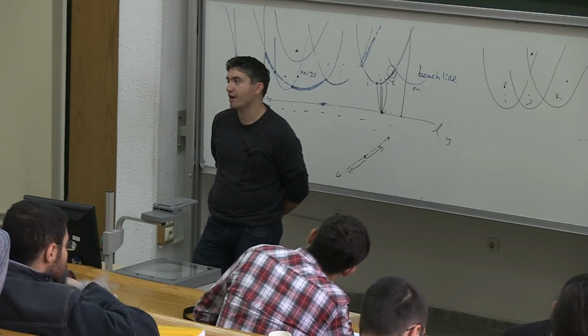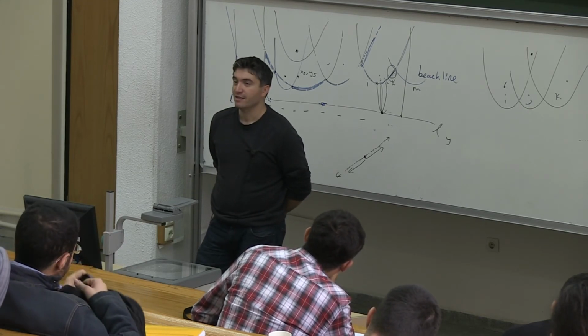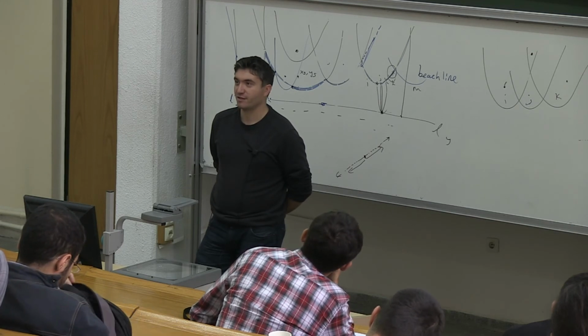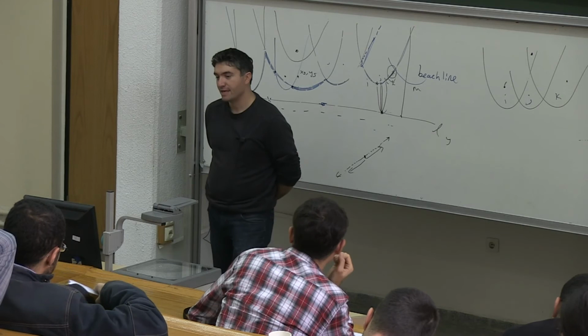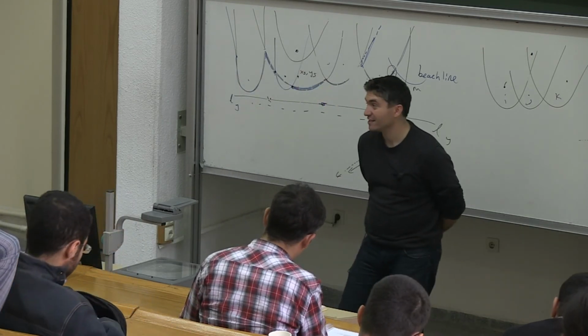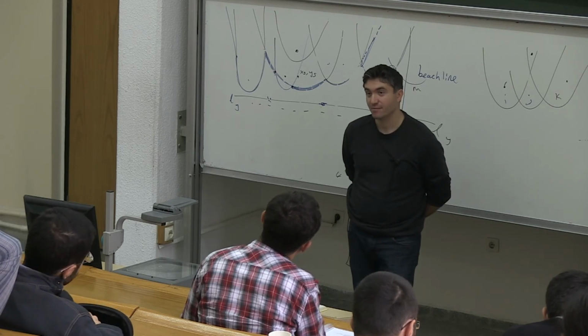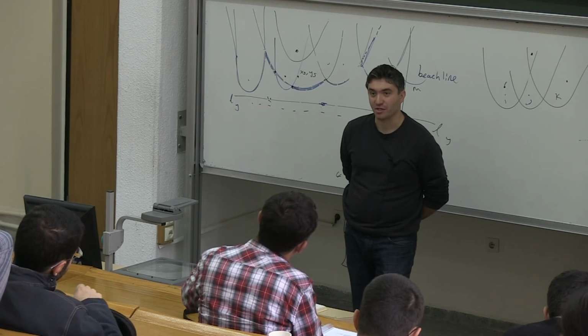And the Delaunay triangulation, which is the dual of the Voronoi diagram, is a triangulation in which the smallest angle in these triangles is maximum among all possible triangulations.